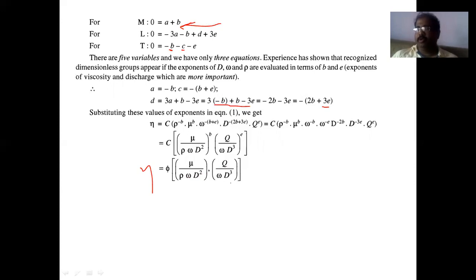Remember this method, because it is very helpful when you learn about free and forced convection. Today we stop our lecture here, prepare yourself. Thank you.